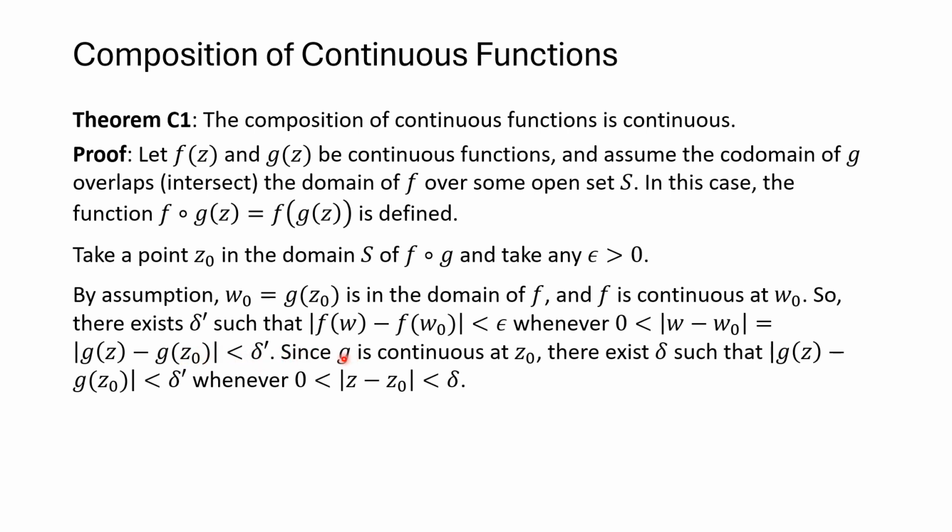Now, in turn, since g is continuous at z sub 0, there exists a delta such that the modulus of g of z minus g of z sub 0 is less than delta prime whenever the modulus of z minus z sub 0 is less than delta and greater than 0.